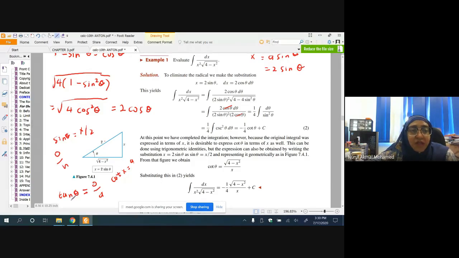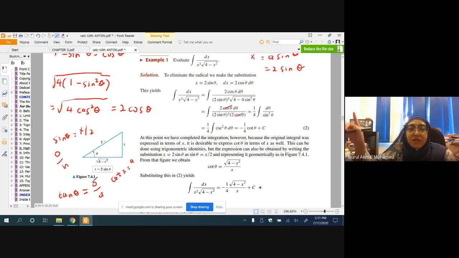So for tangent, I repeat once again. Tangent theta is opposite divided by adjacent, from the formula that you always remember from secondary school. Sine theta is equal to opposite divided by hypotenuse.